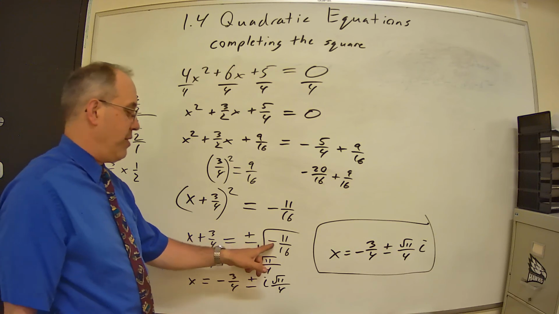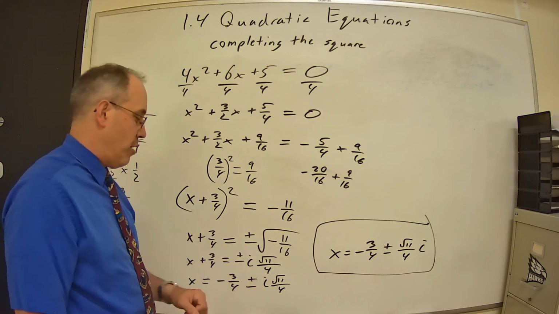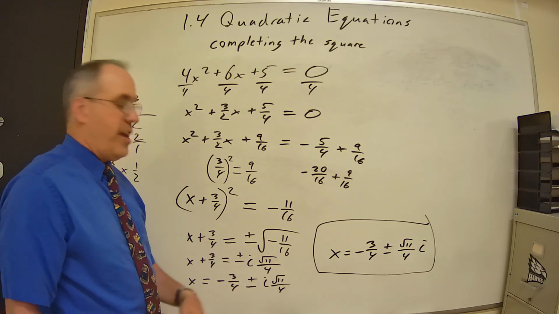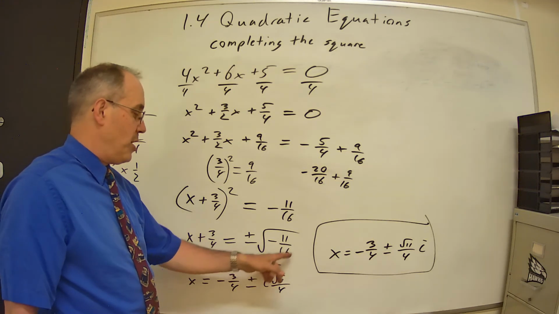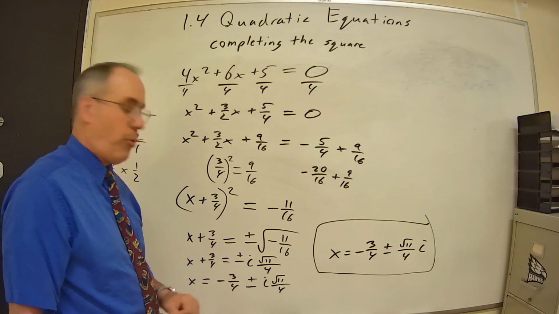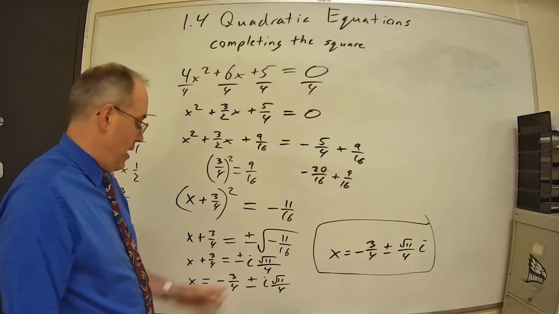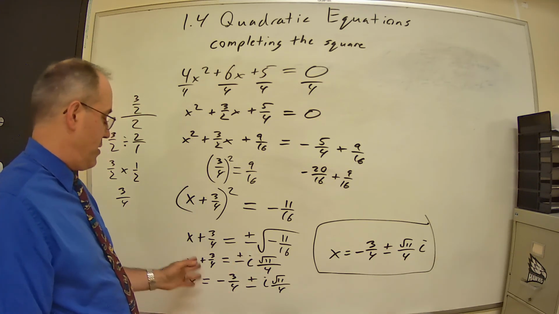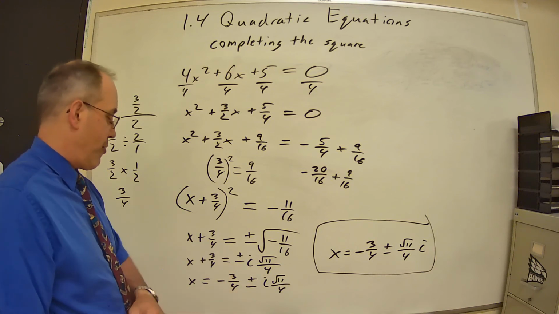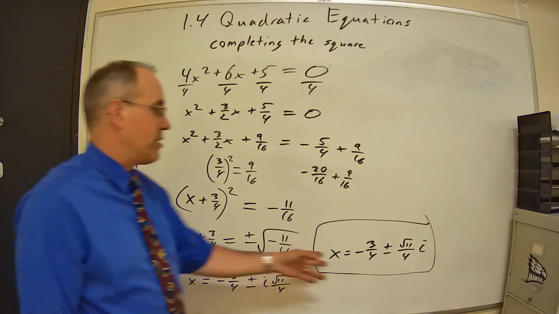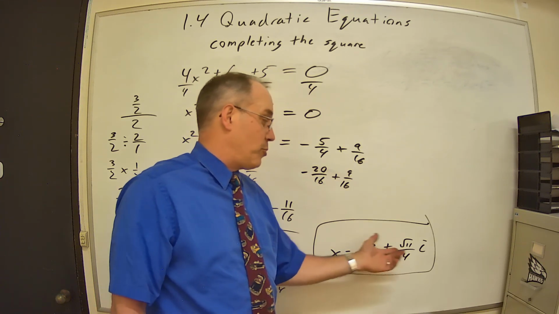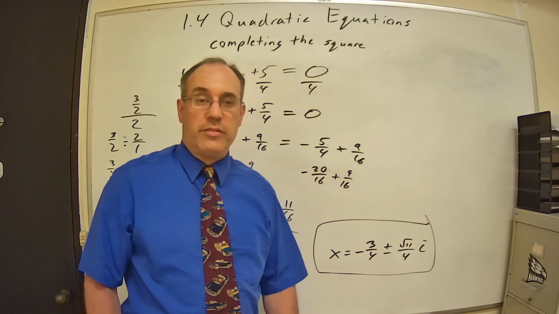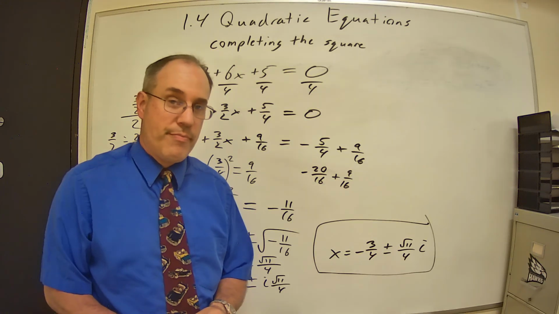Since we have a negative here, we can pull that out as an imaginary number. Generally, you like to rationalize the denominator. In this case, it happened to be a perfect square, so that was nice. We could pull it out. And then the final case here, we moved over that 3/4, got it onto the other side, and then cleaned it up. So we're in the form of a plus or minus bi. So in form of a complex number.